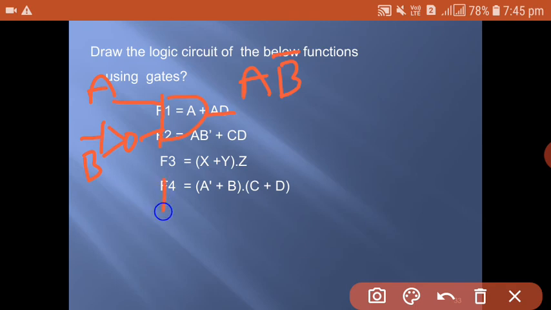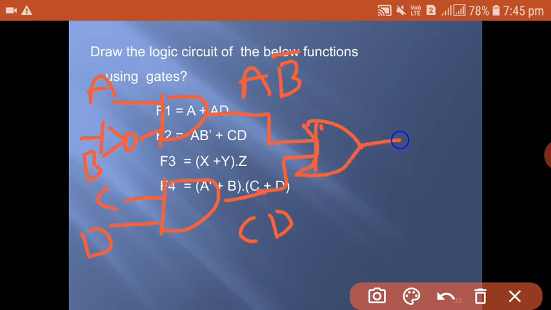If you consider the next AND gate, what are the inputs? C and D. So the output of the second AND gate will be CD, and you need to OR these, so that A B bar plus CD you will be getting. So the output function will be A B bar plus CD. This is the logic circuit for the second function, A B bar plus CD.